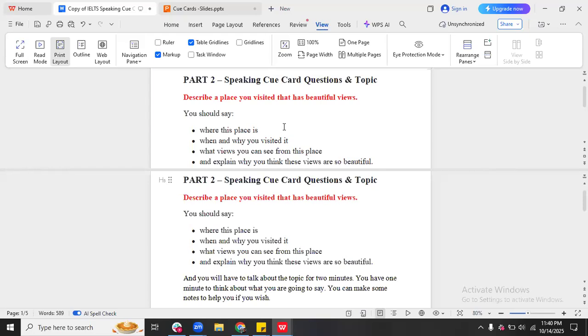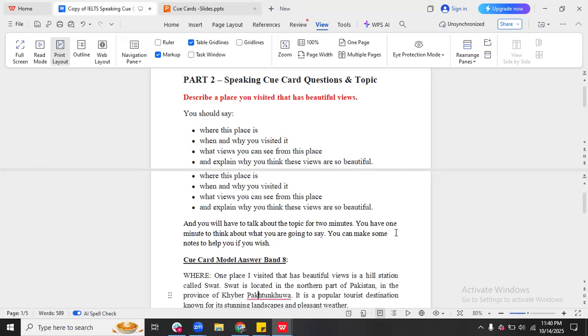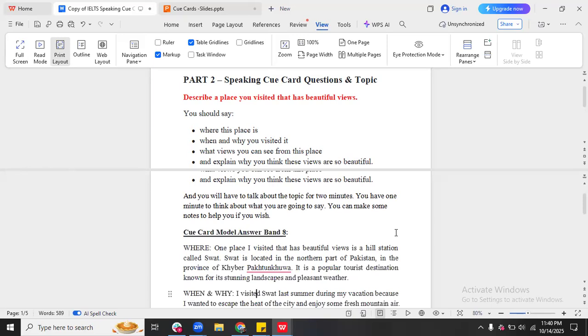We will be given 1 minute to think about it, and then we have to talk about it for 2 minutes. For the ease of all the participants, I'm going to show you an 8-band model answer so that you may know how an 8-band achiever constructs his ideas and responds to it.